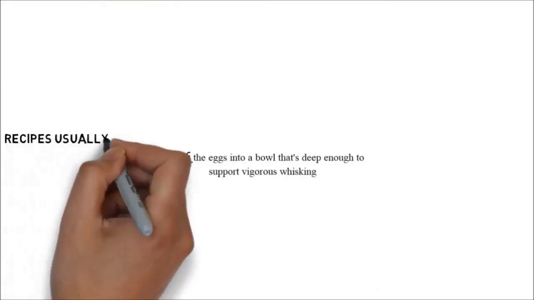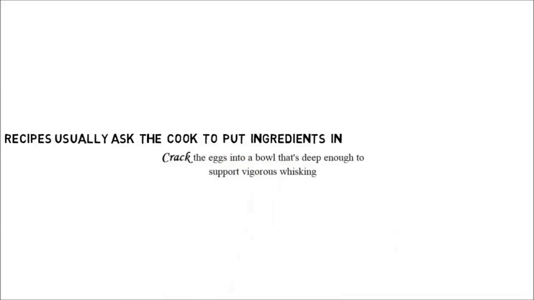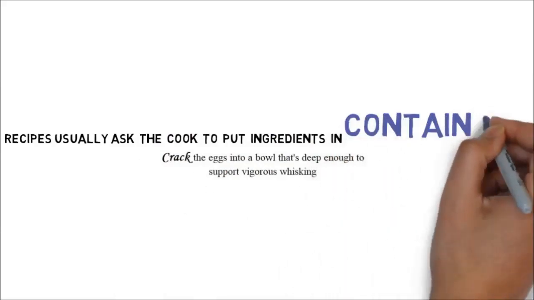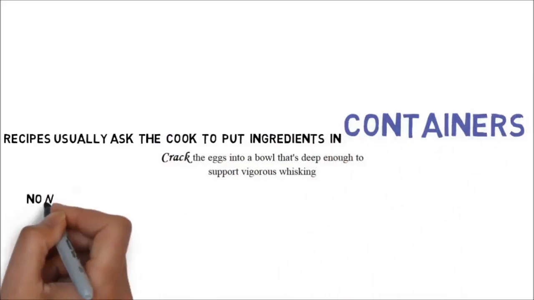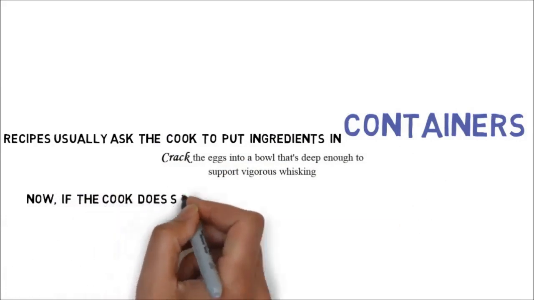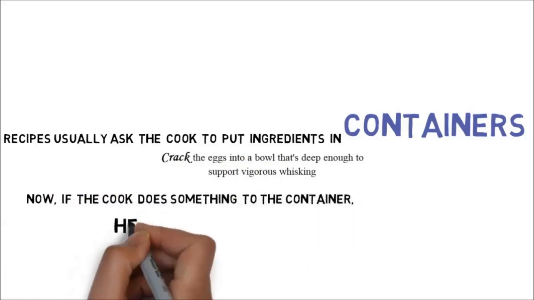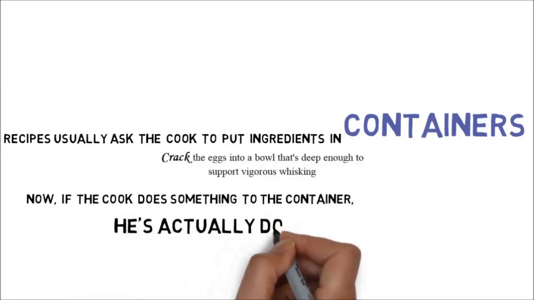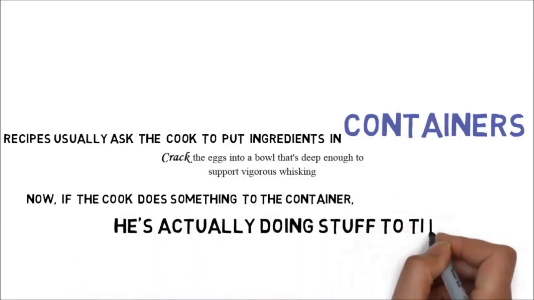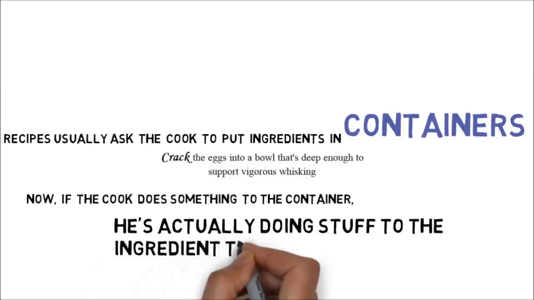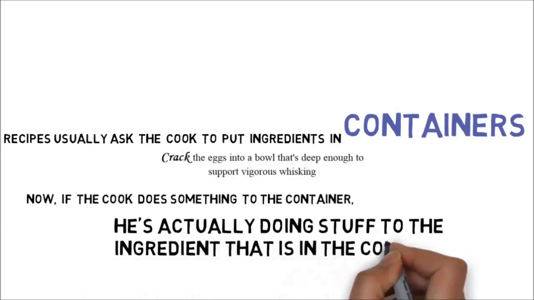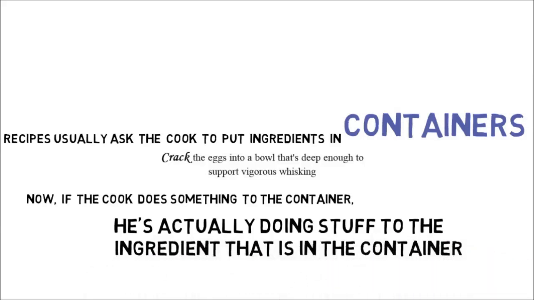Moving on, check out this line which exhorts us to crack the eggs into a bowl that's deep enough to support vigorous whisking. Like anyone who's done any serious cooking, you know how much of a nightmare the pots and pans get to be the day after. Recipes are always asking the cook to put stuff in containers. Now, here's a crucial little thing to note. When the cook does something to a container, he's actually doing something to the contents of the container.